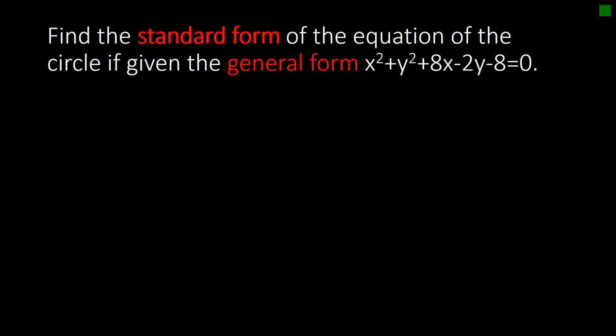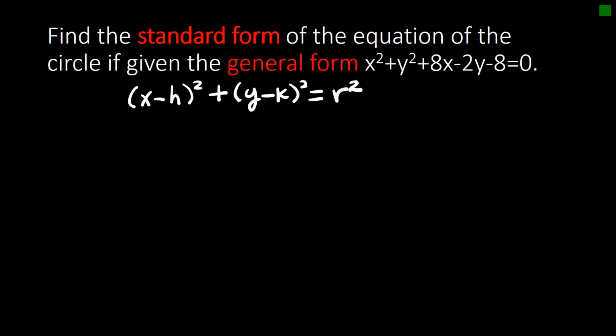We just presented general form. Let's look at an example where we are given the general form and they want us to find the standard form. So we need to get what they have given us into the form (x - h)² + (y - k)² = r².